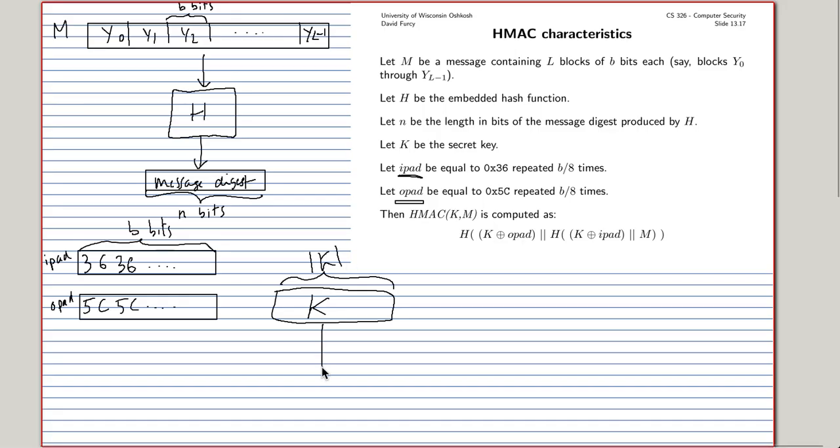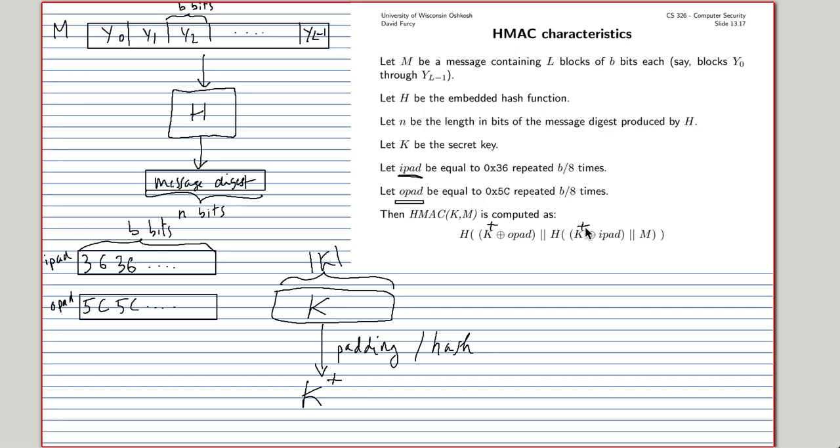So we need to modify this key by either padding it with zeros to make it long enough, namely equal to B bits, or if it happens to be longer than B bits, we could hash it using the hash function H, and so you can bring it down to B bits. Eventually, we end up with a new variation of the key that we're going to call K plus. So the HMAC algorithm, whose formula is given over here, is actually going to use this new modified key that has exactly B bits in it.